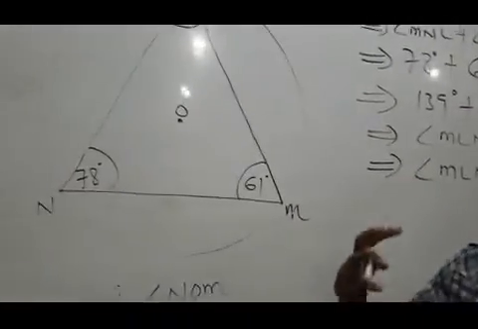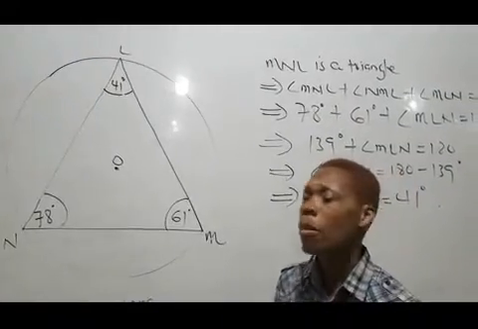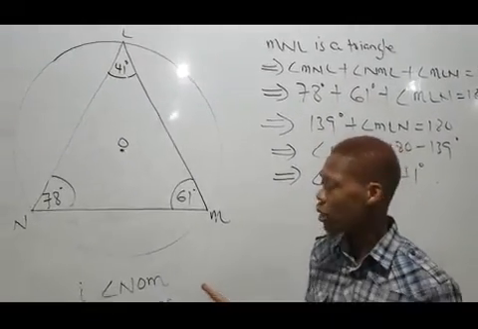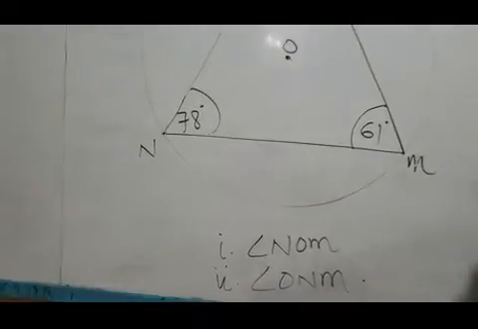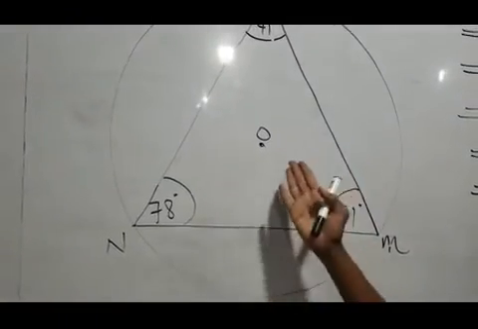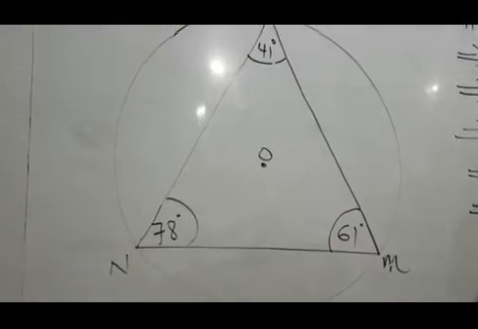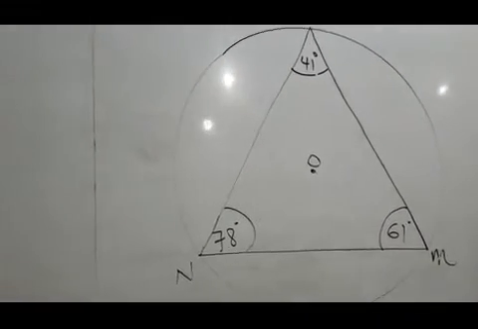Now you realize from the diagram that we have the angle at the circumference. Now look at the angle they asked you to find. You are looking for the angle NOM. But you realize that the lines that create the angle are not there, so you have to draw the lines yourself. So it is NOM.